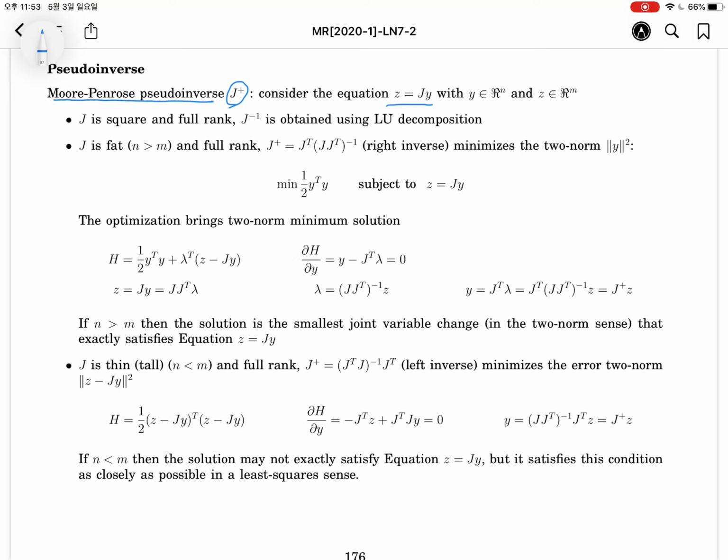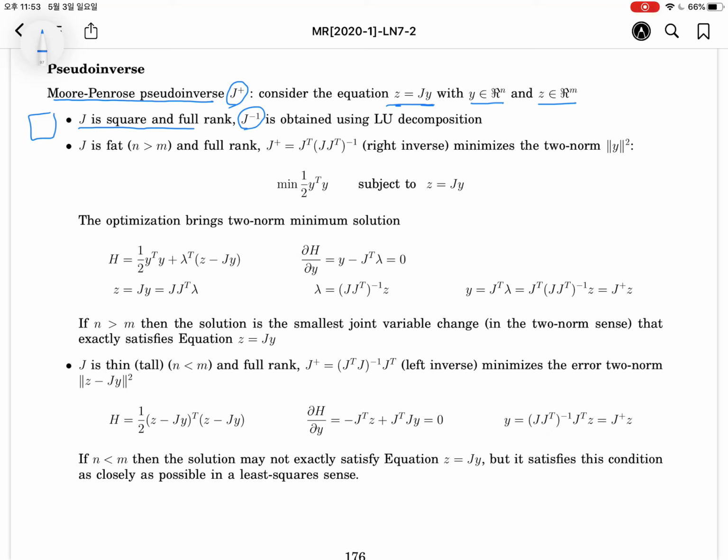Consider the equation z is equal to Jy. y belongs to R n space, z belongs to R m space. We should consider three categories. The first one, J is square. J has the same number of rows and columns.